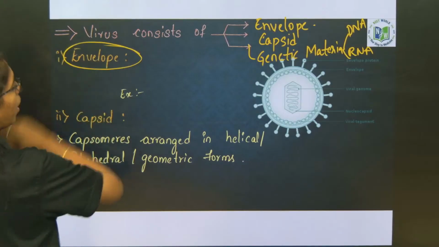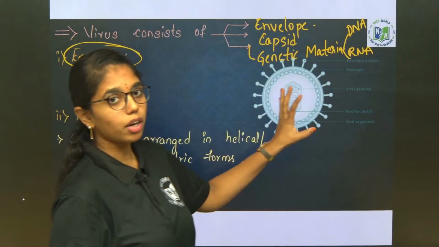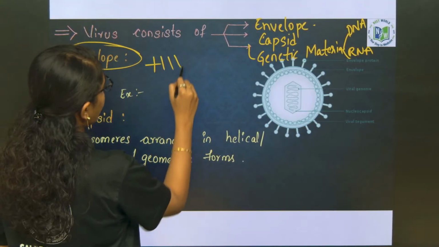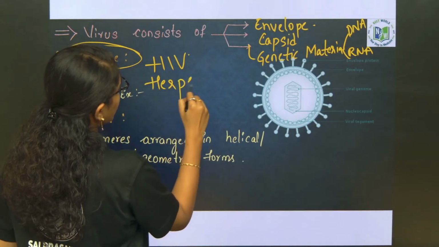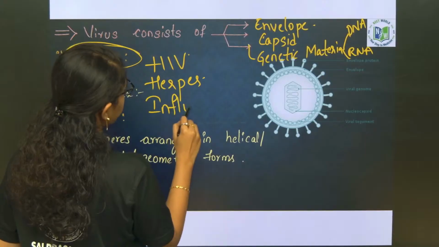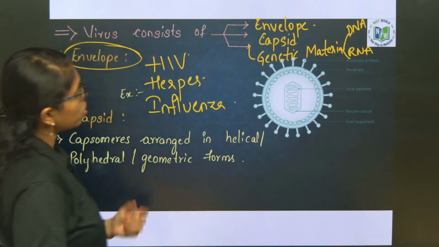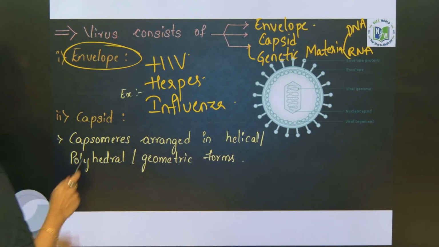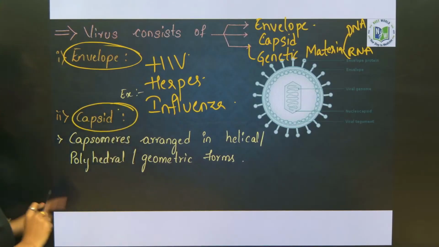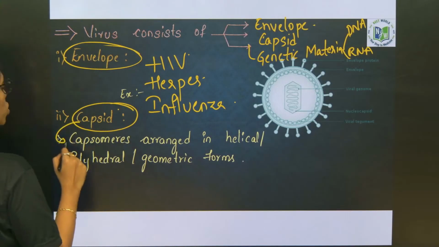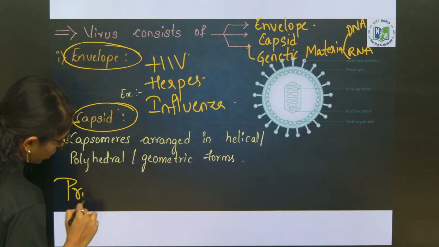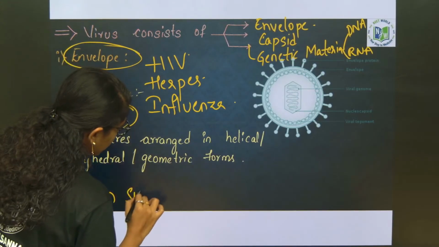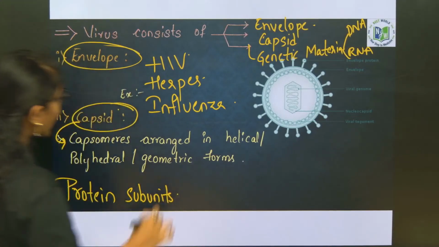The ones with an envelope around the virus are called enveloped viruses. The best examples of enveloped viruses include HIV, herpes virus, influenza virus and coronavirus. Next, the capsid. The capsid is the protein layer, and it contains protein subunits called capsomeres.